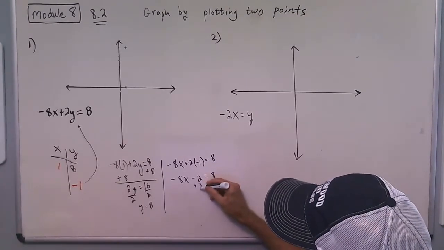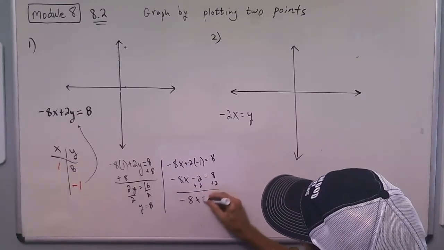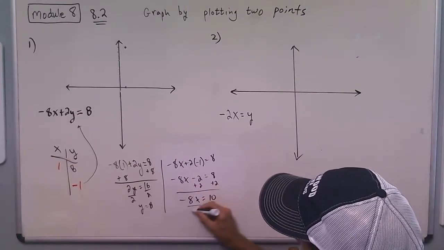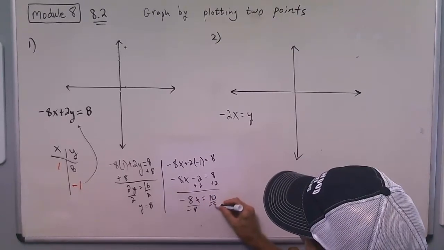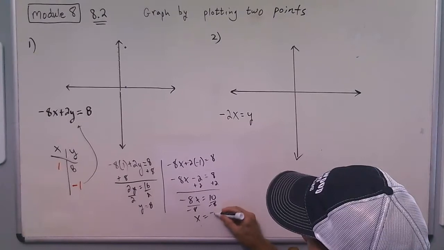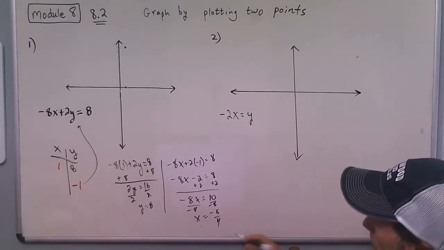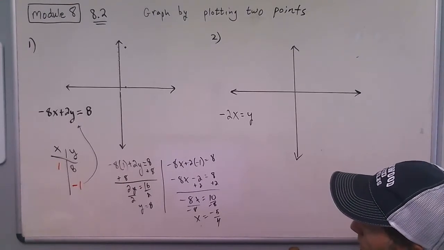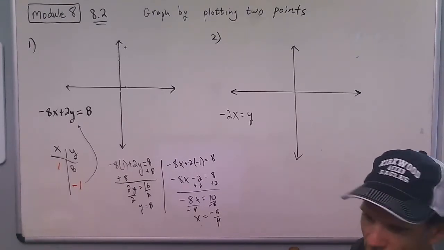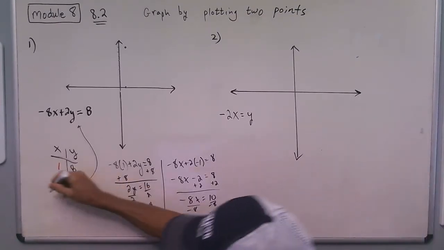And then I'll add 2, and I get negative 8x equals 10. Not the best point to graph here, but it's good to see it. We get negative 5/4 here, okay? So that's negative 1.25.